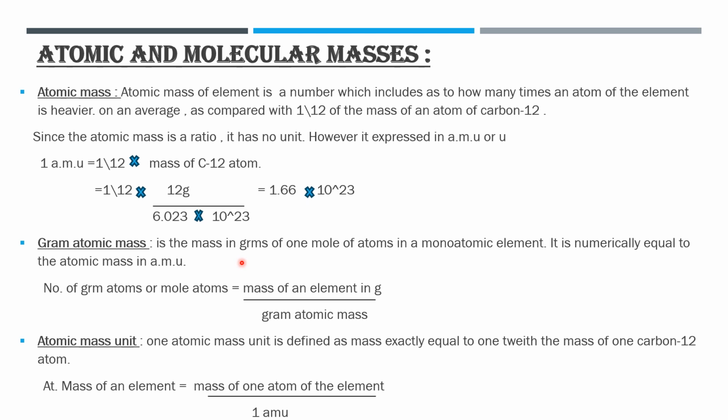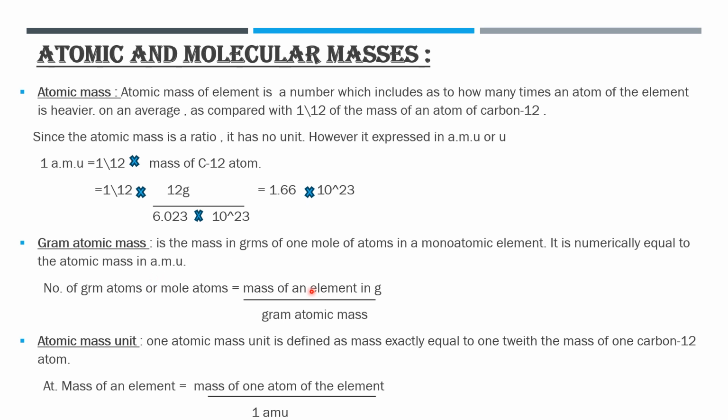Here, 1 mole of atoms of a monoatomic element, for example hydrogen. What are the moles of hydrogen we are adding to the reaction? The number of moles of atoms of a monoatomic element, an element which is not combined with another element, so it is single, is numerically equal to its atomic mass.